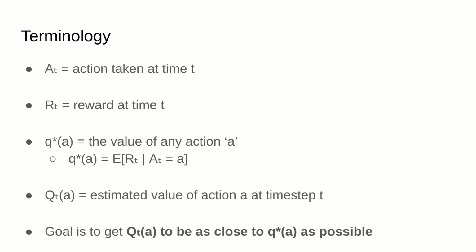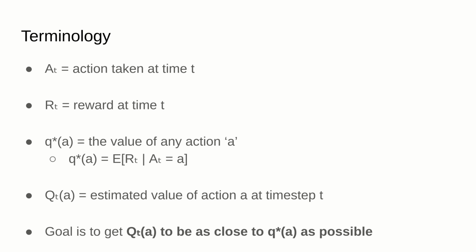To formally define the problem, we can introduce some simple mathematical notation. Firstly, A_t is the action taken at time step t, or essentially which lever we choose to pull at time step t. R_t is the reward received at time step t.